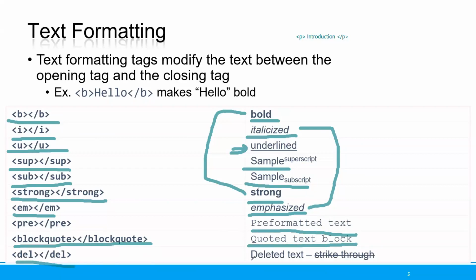Del means the text is deleted text, but you still want to show it on the web. For example, you want to make a correction and you want people to know that it is a correction. So the result will be something like strikethrough, a line through the font.